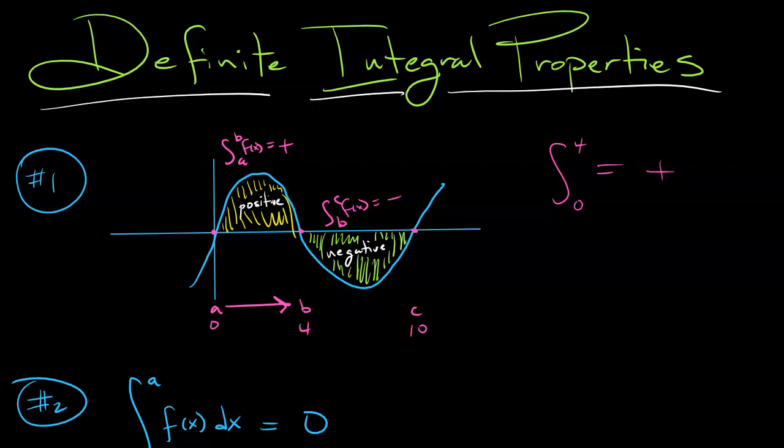But if you read from right to left, so let's say we do the integral from 4 to 0, everything works opposite. Instead of getting a positive answer above the x-axis, if we go right to left, it would be a negative answer.